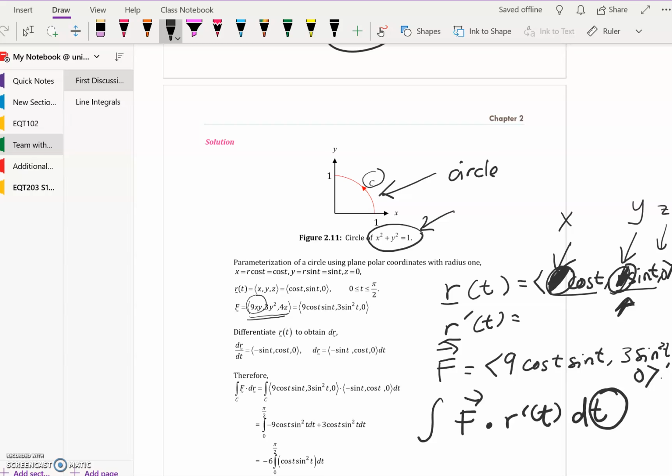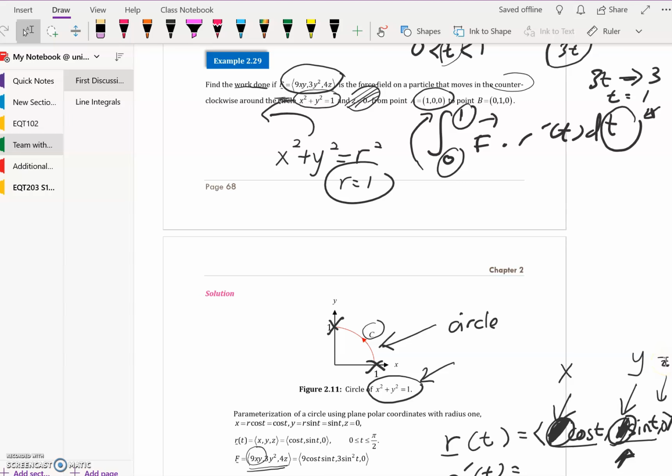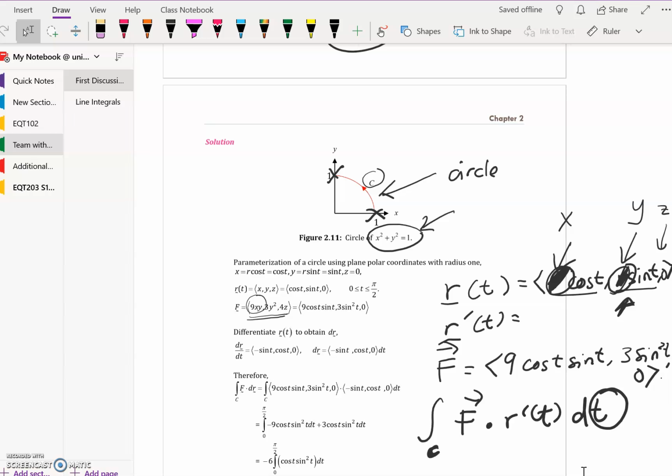Now we want to know what is the limit from this point to this point. Initially, the point is from (1,0,0) to (0,1,0). Since now we have a circle, in order to put the limit of t, you need to substitute the limit in the form of your theta here.